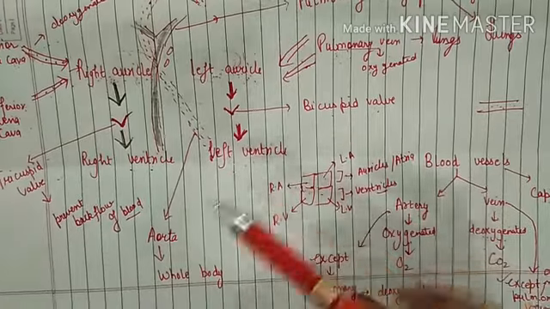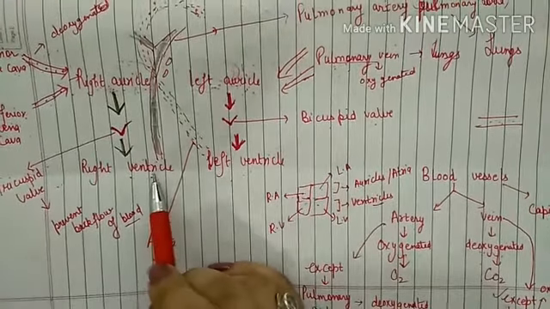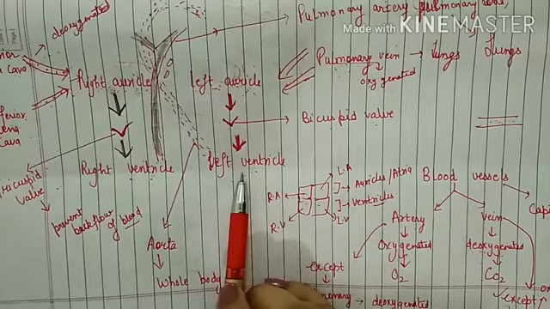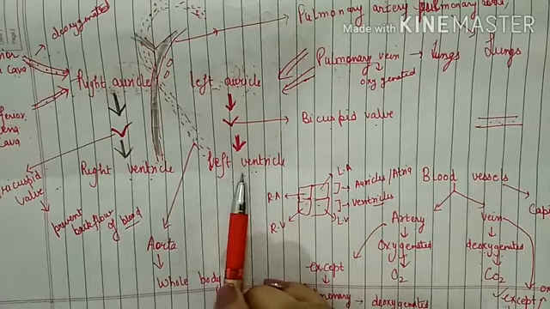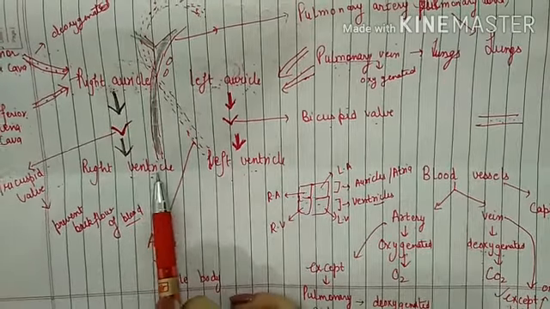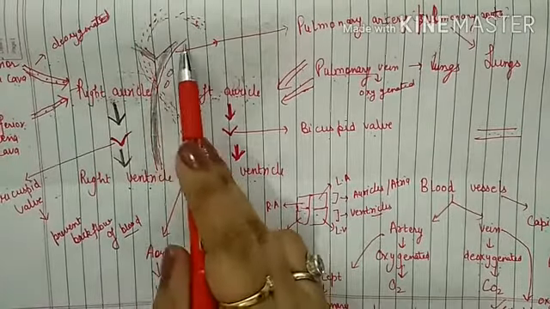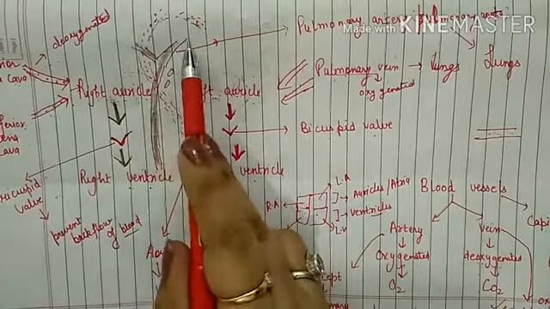Then after that, the right ventricle and left ventricle are the distributing chambers of the heart, means they will distribute the blood. So the right ventricle, in which deoxygenated blood is present, will distribute this deoxygenated blood to the lungs.